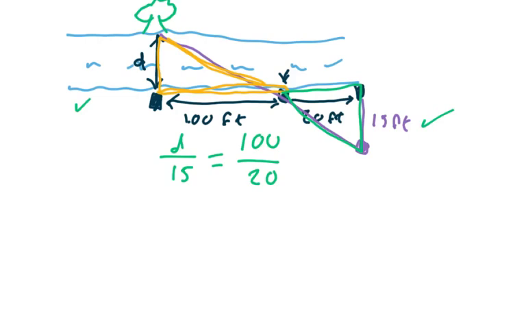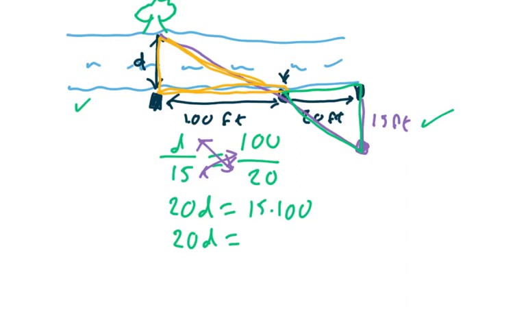Sometimes people talk about solving those by cross-multiplying. And so you would say that 20 times d equals, and then cross the other way, 15 times 100. Or, in other words, 20d is equal to 1,500.